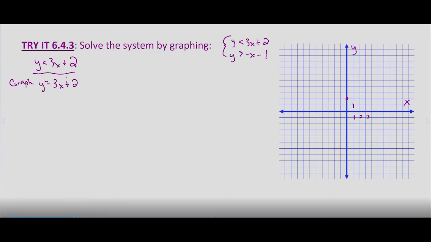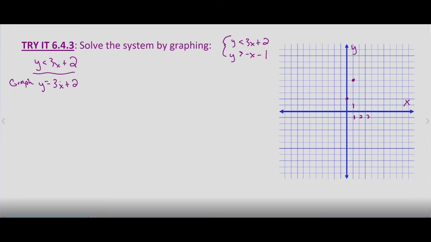Now let's look at what we could put for another point to graph this line, y equals 3x plus 2. Let's use 1. 3 times 1 is 3, plus 2 is 5, so we'll be at (1, 5). So 1, 1, 2, 3, 4, 5. So we know there's another point here. And just for good measure, let's determine another point.